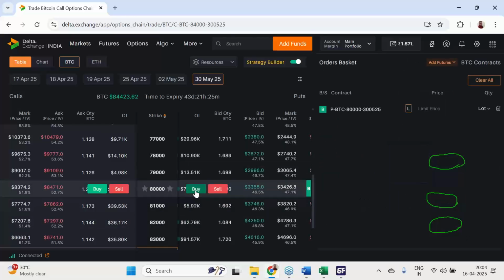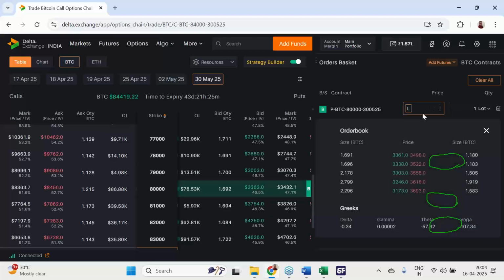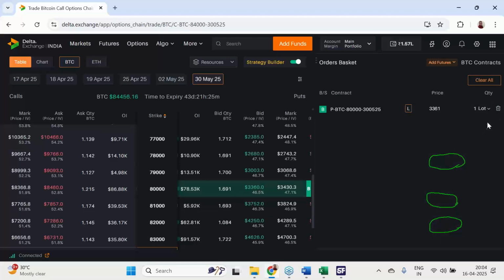So this I am going to buy. It is telling if it is falling, it will have one lot here. Price is here, $3,000. One lot will be very fractional. This 3,000 belongs to 1,000 lots. So I am going for one lot. One lot means this divided by 1,000, $3.36.